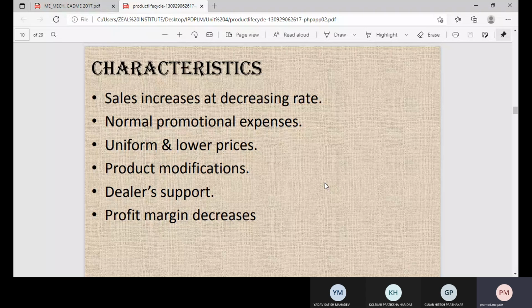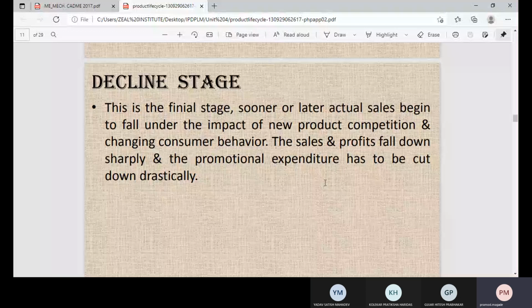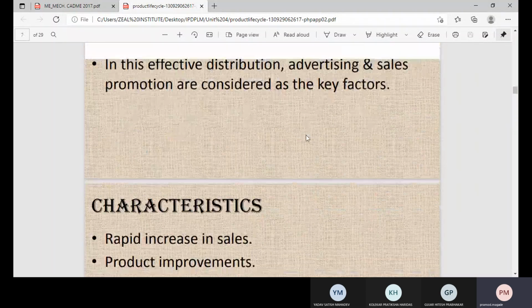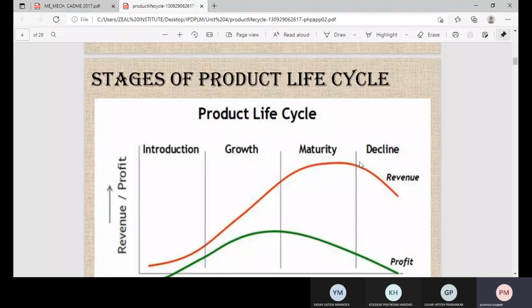Can I change the slide? Yes, sir. Now the declination stage. This is the final stage at which actual sales begin to fall under the impact of new product competitors. So whenever we have reached this declination level, see here, what happened? Maturity end stage, this point.